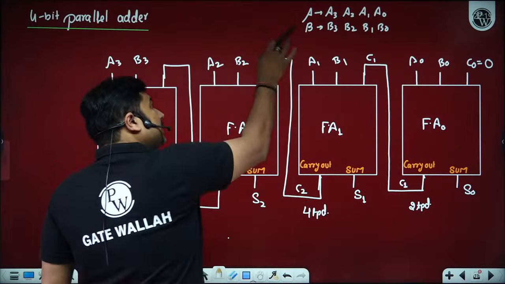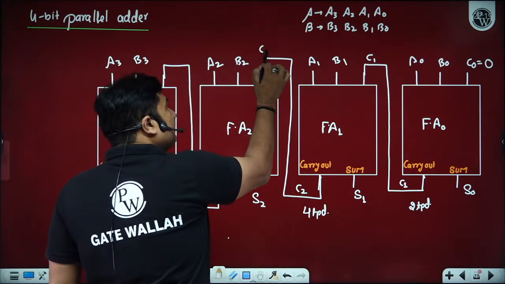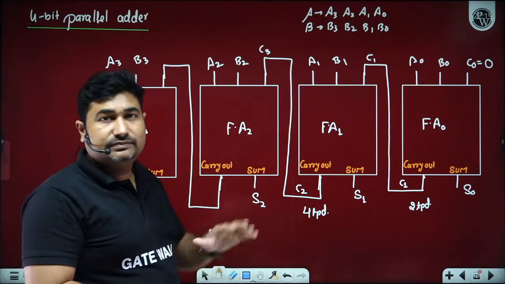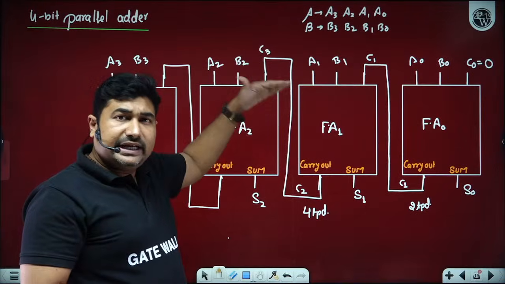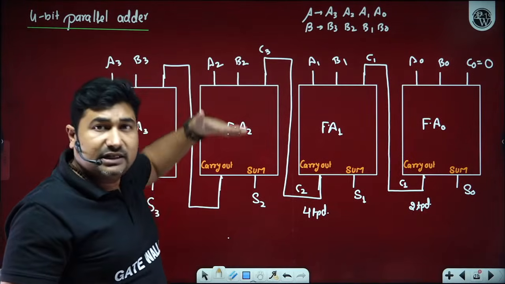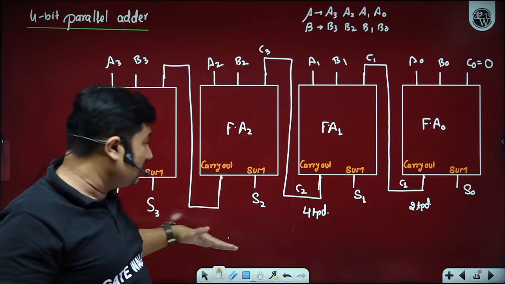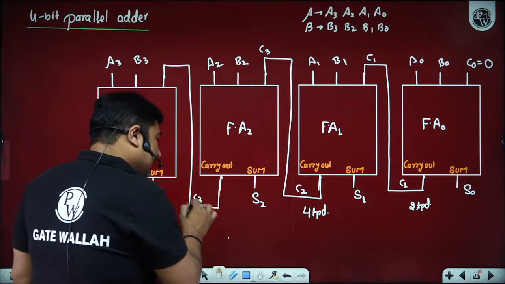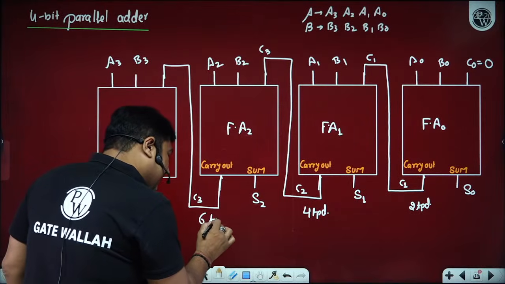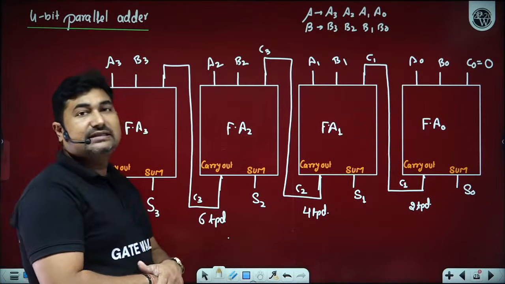After 4 TPD, all the inputs are available to full adder 2. Now it performs the correct addition, and its logic circuit takes another 2 TPD to generate carry C3 and S2. So it takes 6 TPD from the start to generate C3.